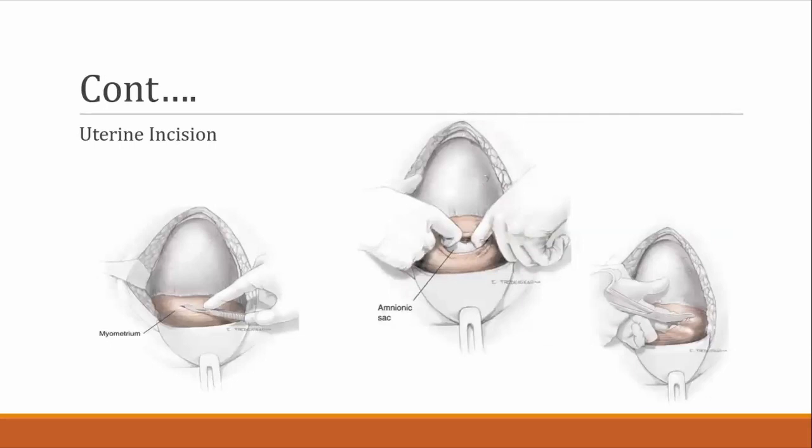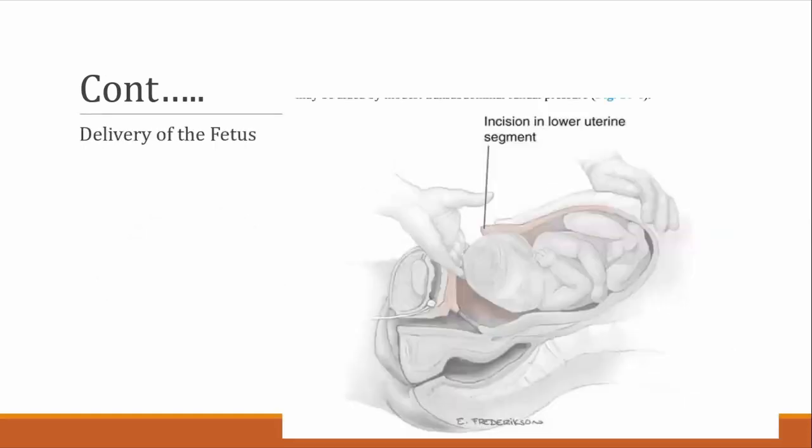And the other is about uterine incision. We usually do the curved incision or smiling incision over the uterus, and need to elevate the fetal head and deliver through this incision in the lower uterine segment. So the consecutive delivery of the fetus is similar to vaginal delivery.